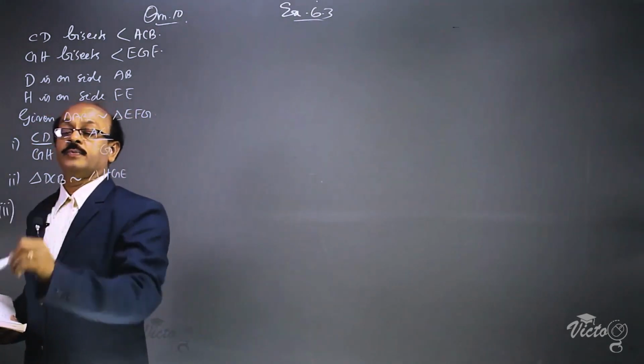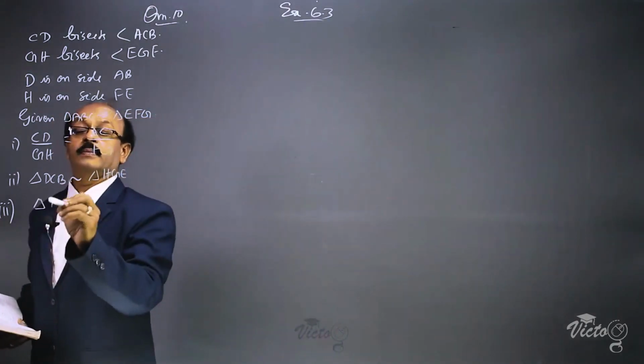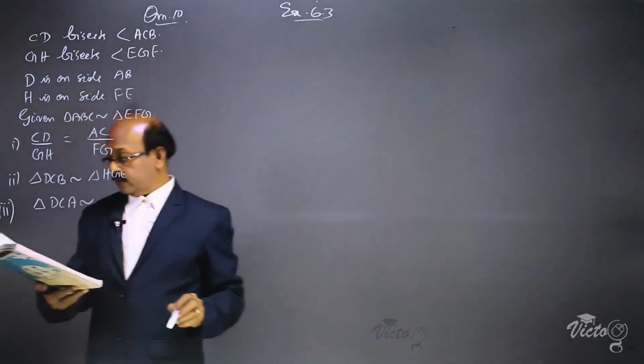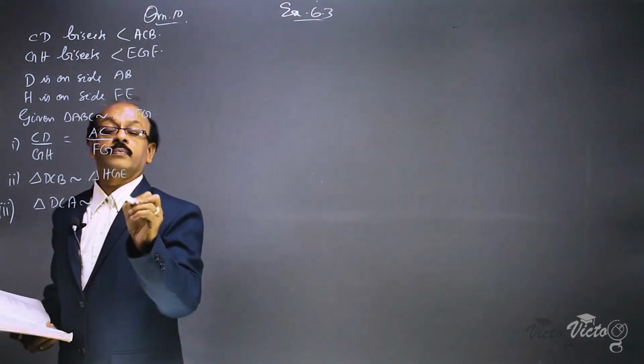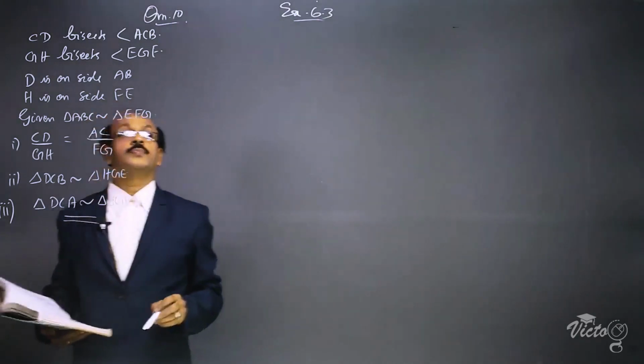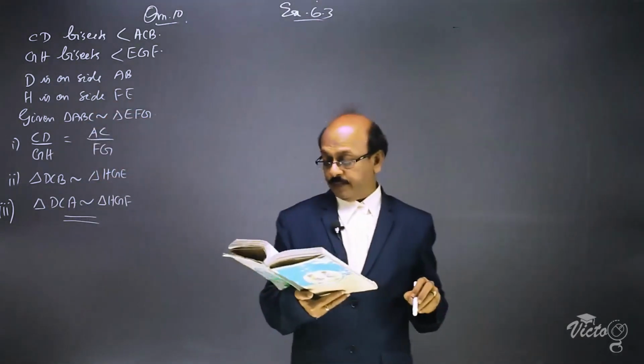Third part we have to prove is triangle DCA is similar to HGF. These are the things which you have to prove. The figure is not given, so we have to draw a figure.